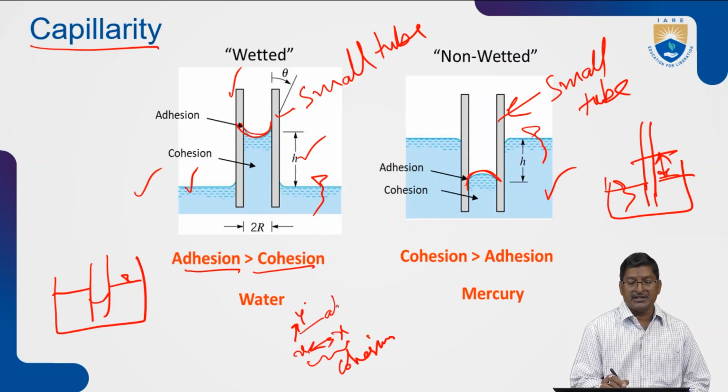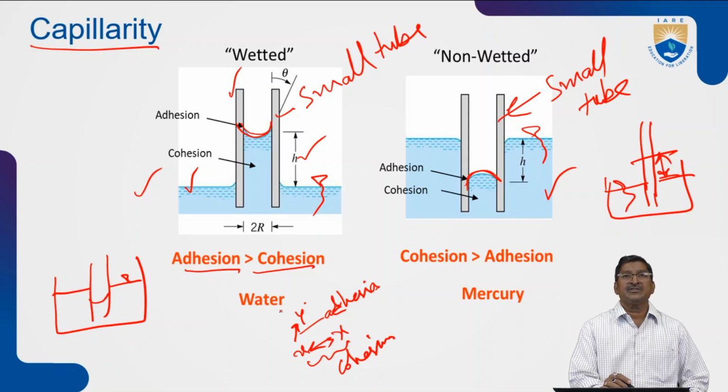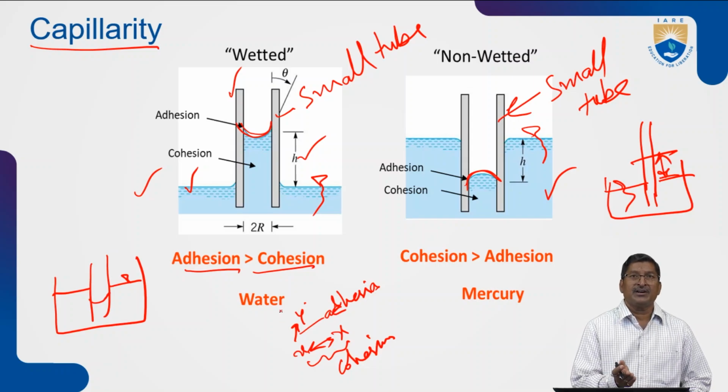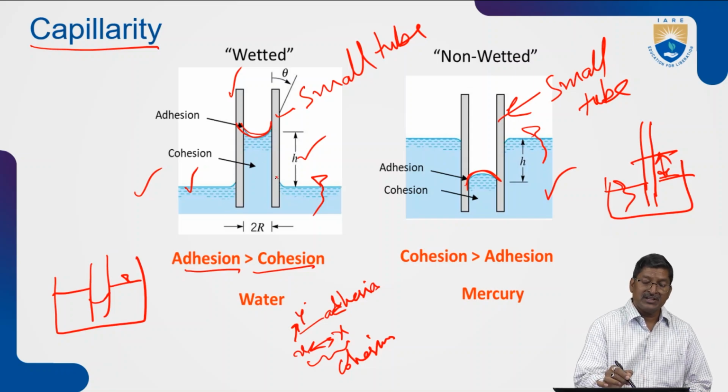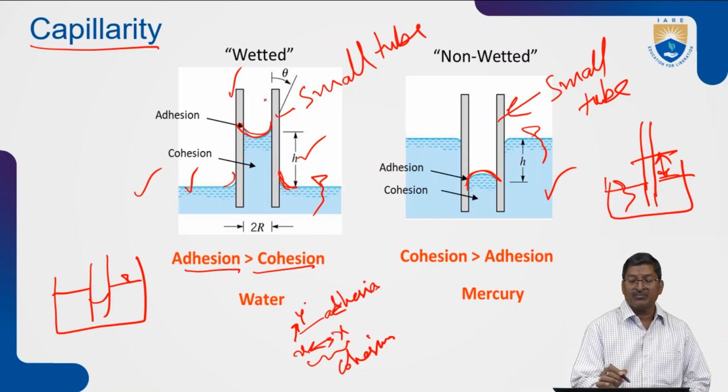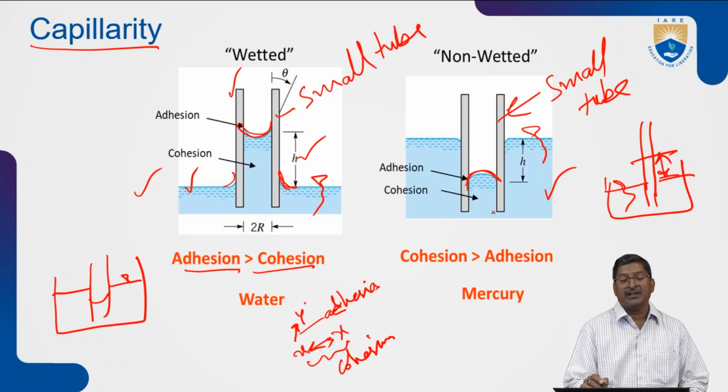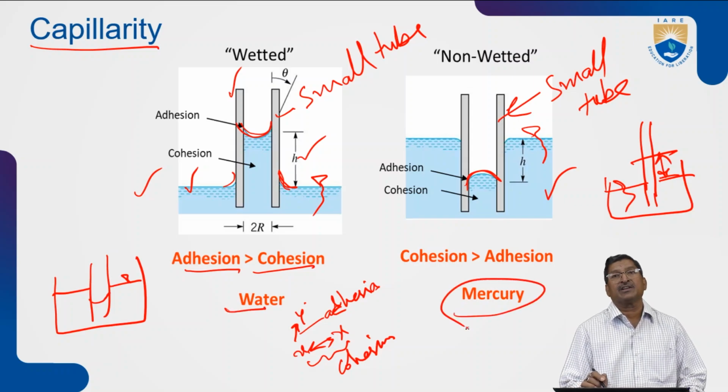This is called adhesion. If adhesion is more, then the liquid will rise in a small tube because the pipe material attracts the liquid. That's why it is rising. You can also see the U shape here. This is rising because of adhesion. Here also rising.